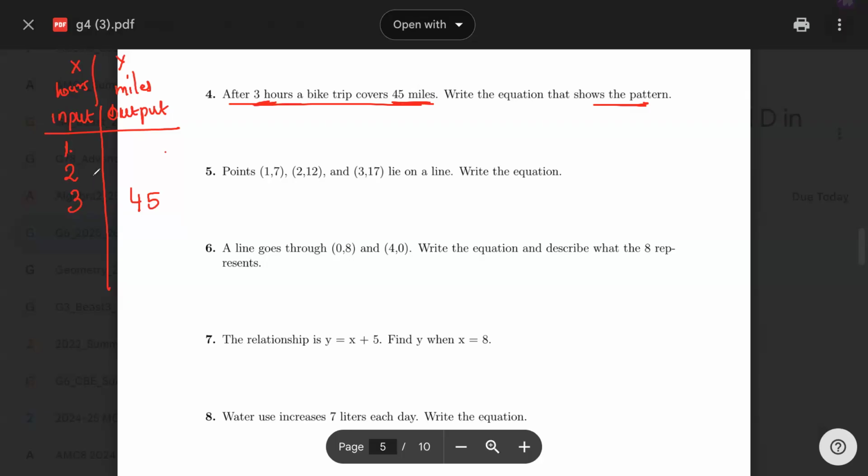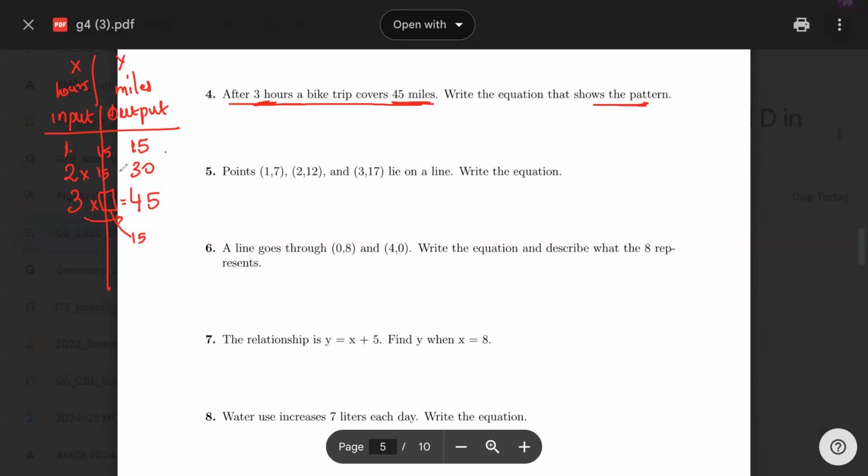I think 3 times something would be 45, 15, right? Very nice. And then 2 times 15 would be 30. And then 1 times 15 would be 15.